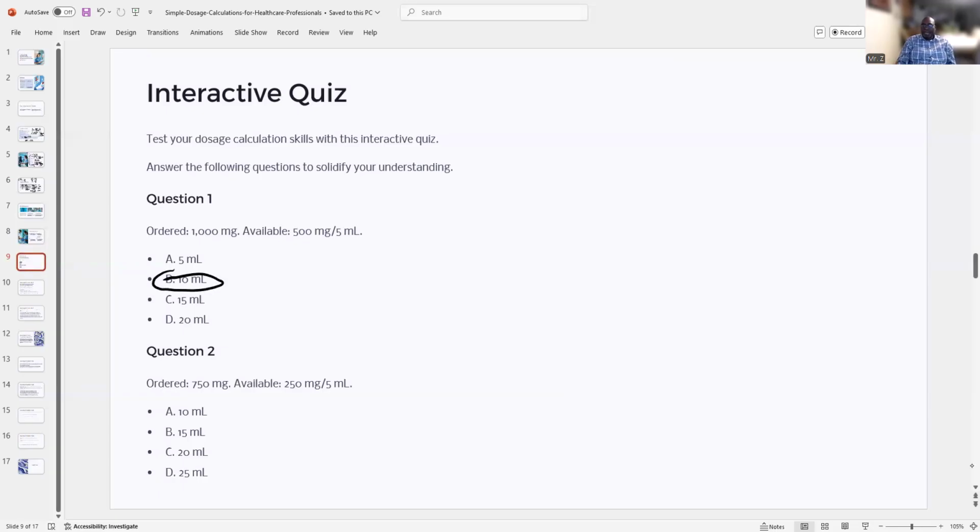All right, let's go. Question number 2. You got 30 seconds. The doctor prescribed 750 milligram. The available is 250 in 5 ml.